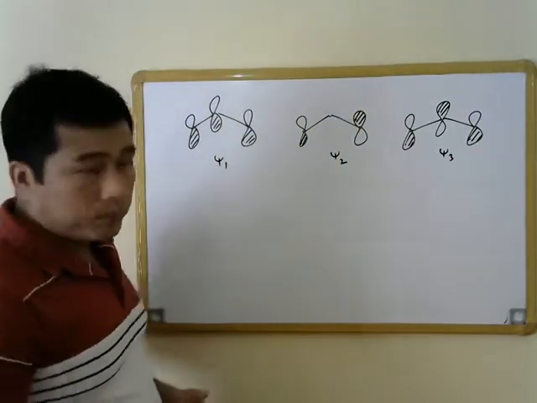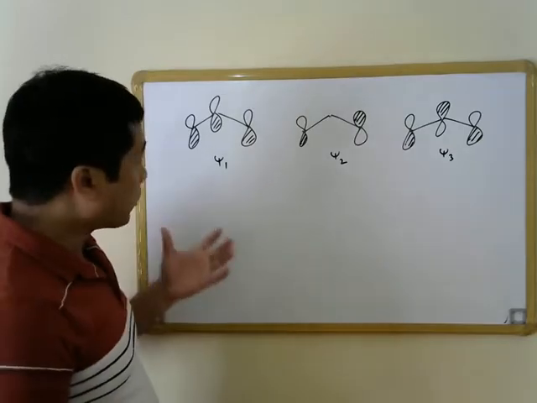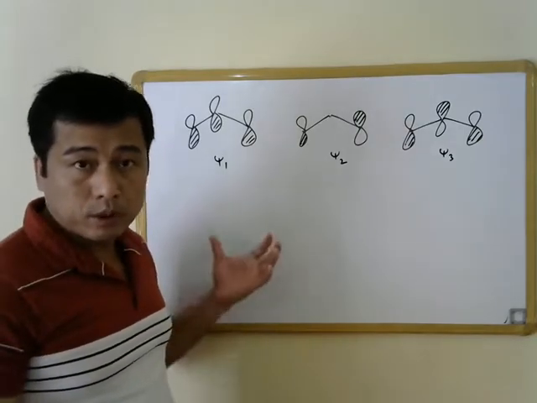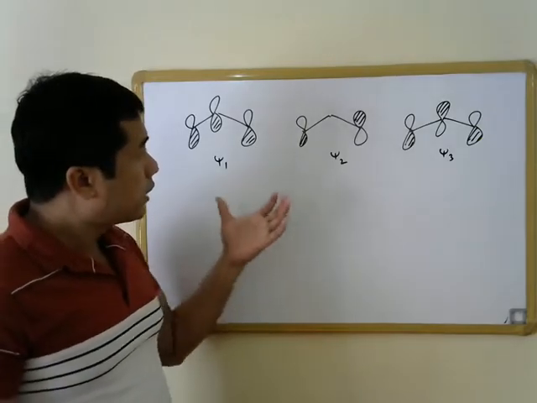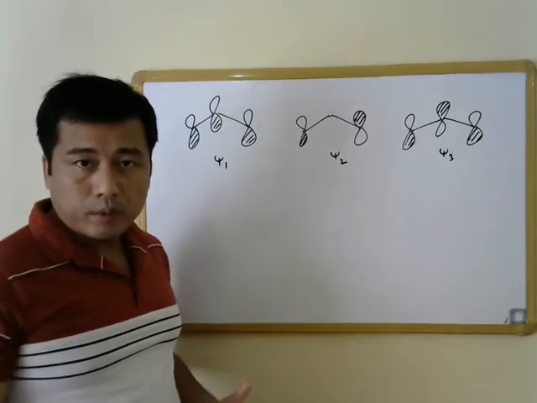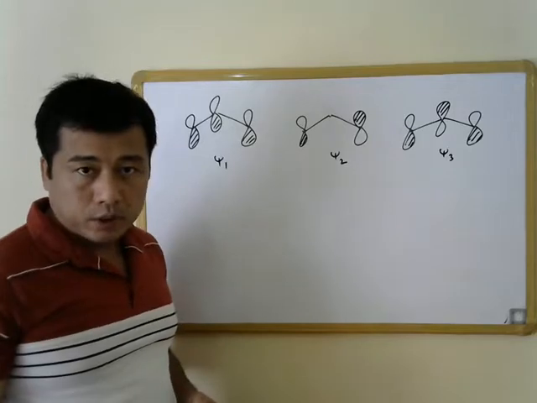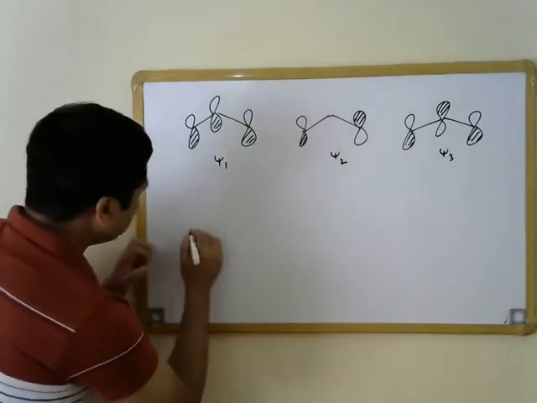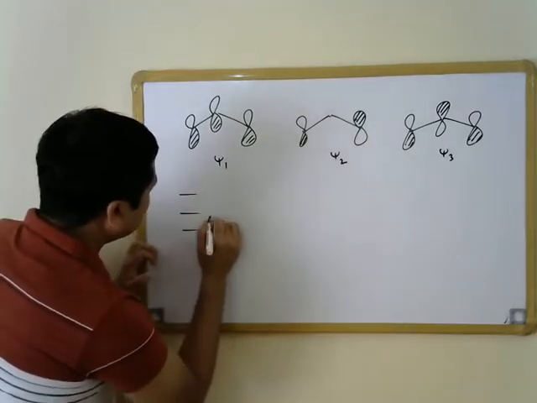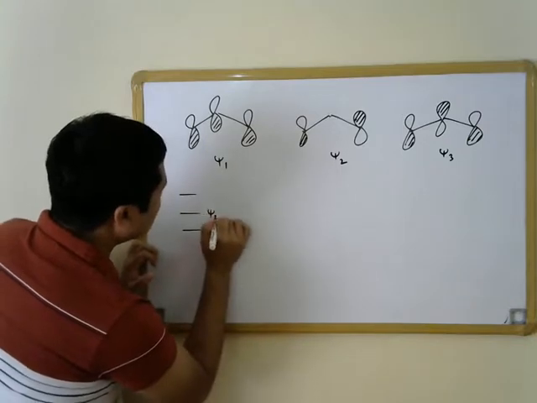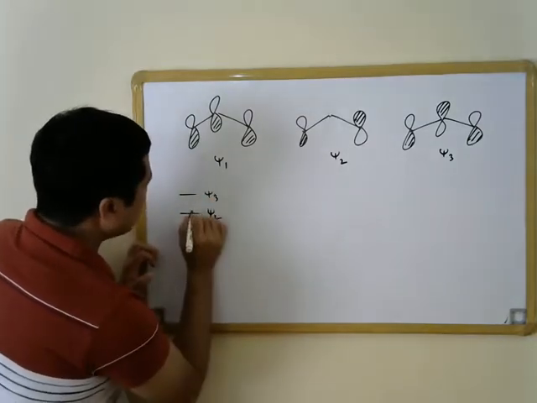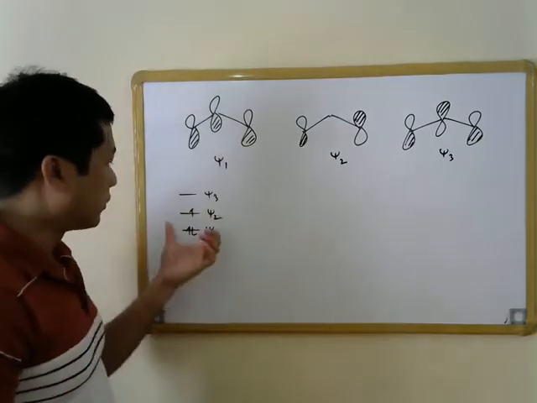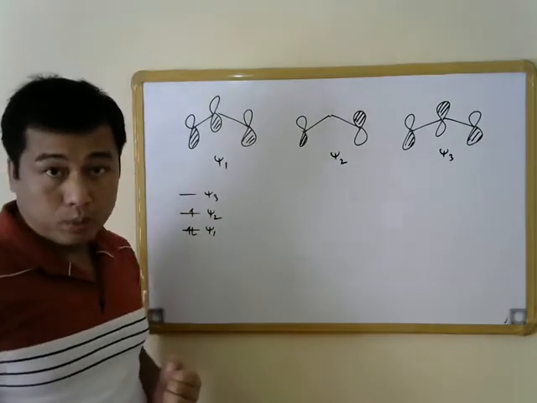Each of the unhybridized p orbitals on the carbon atoms carries 1 electron, so the total number of electrons available for pi bonding is 3. If we fill these three molecular orbitals, psi1 is going to be completely filled and psi2 is going to be occupied by only 1 electron.